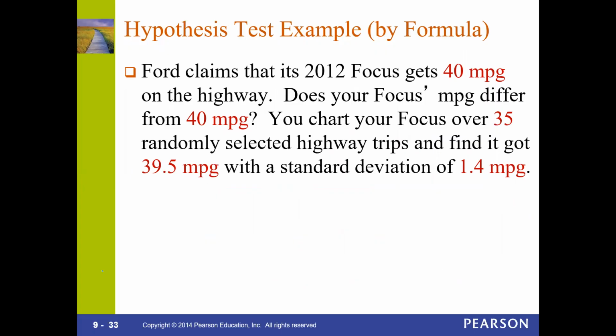Does your Focus MPG differ from 40 miles per gallon? That's the question. This is what Ford claims, so I can say this is mu: mu is equal to 40. That's the general idea.